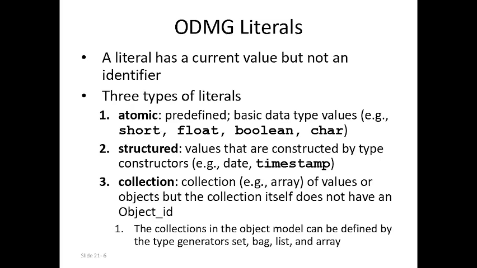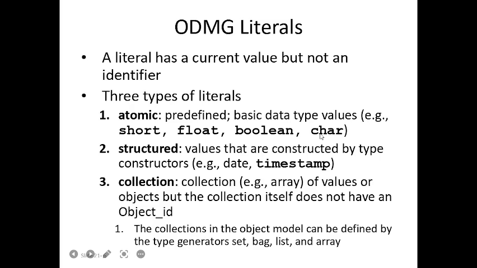The basic data types of the object model include long, short, unsigned integers, boolean. All these are predefined data types, and these are specified by using keywords like long, short, unsigned long, unsigned short.